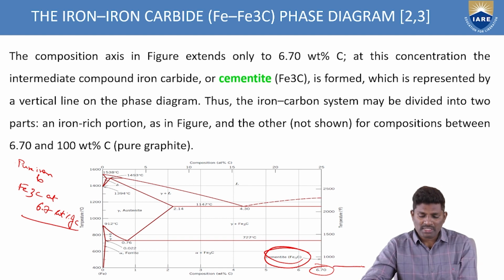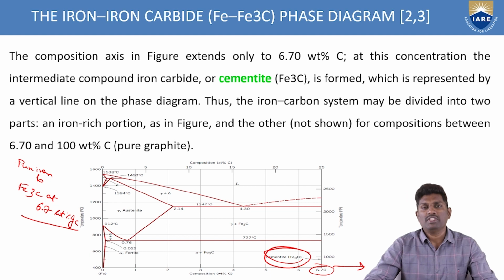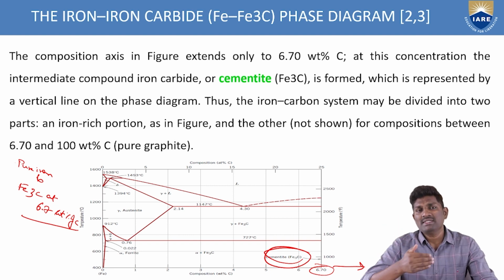Beyond 6.70, if it is crossing and reaching 100%, then we are getting pure graphite, and up to 6.70 we have iron. So we divide this into 2 parts: from 0 to 6.70, up to the cementite, and from 6.70 to 100 we are reaching the pure graphite.